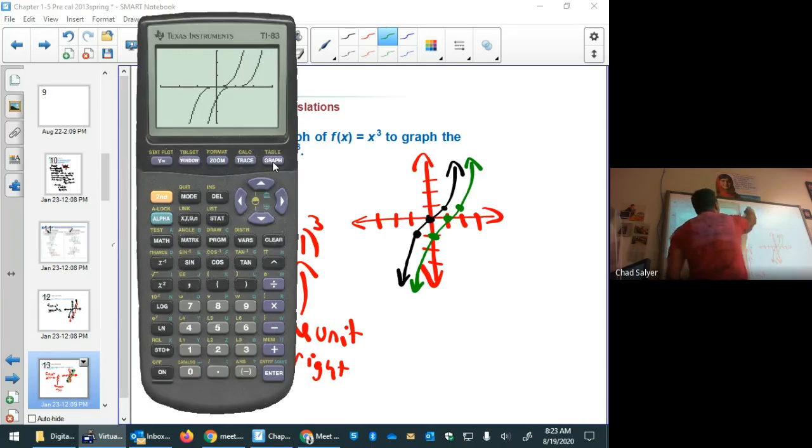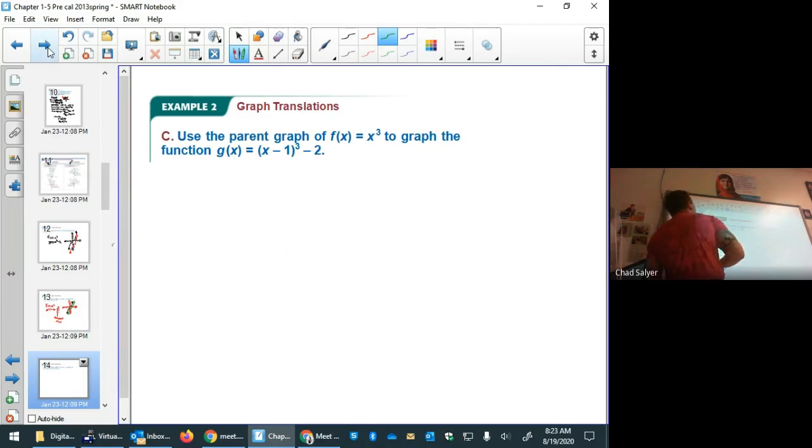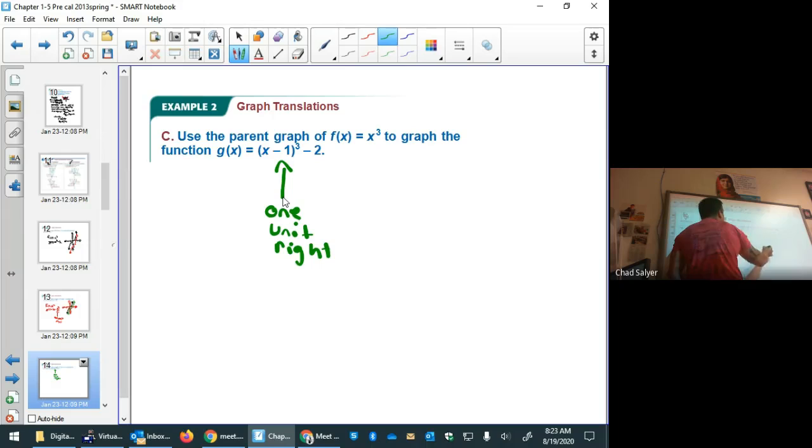All right. So here we've got both things happening simultaneously. In this case, we're going to go 1 unit to the right and then 2 units down.